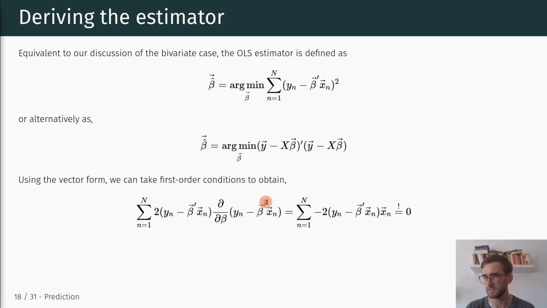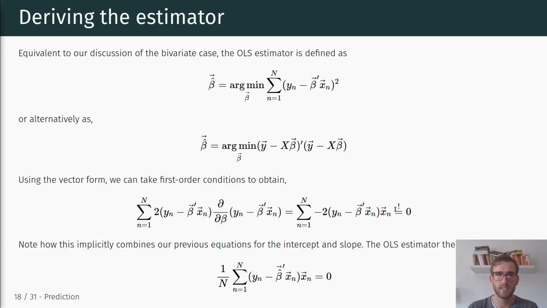So this last part here reduces to, because yn is a constant, the beta vector prime, that's the derivative that we're taking with respect to that beta vector, so that turns into 1, so 1 times xn is just xn, so all that is left is this xn vector. So that's the first derivative of the sum of squared residuals with respect to beta, okay?